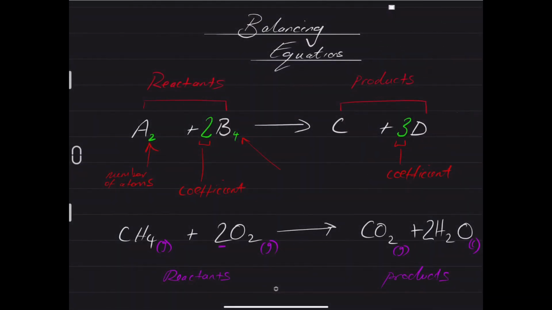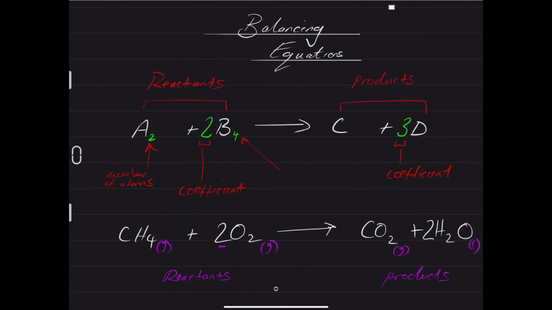I would like you to note that though I have explained the large numbers in front of the elements or the compounds in the equation as coefficients, the coefficients represent relative numbers. Therefore, you can also view these coefficients as ratios.